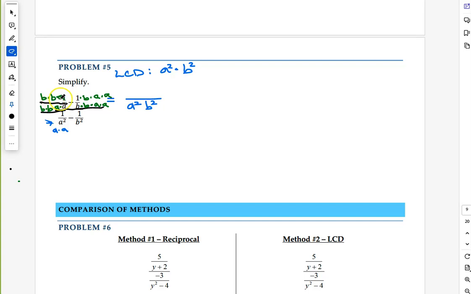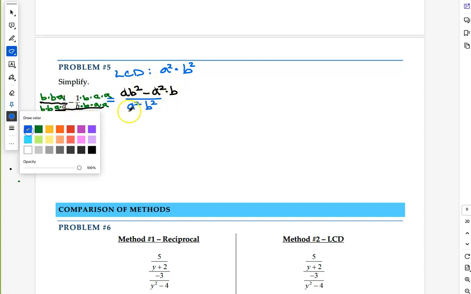So on the top here, I've got a times b squared, and then minus a squared times b, because it's just multiplied by 1, so that's not really changing anything else there. Okay, so that's just that one part up there.